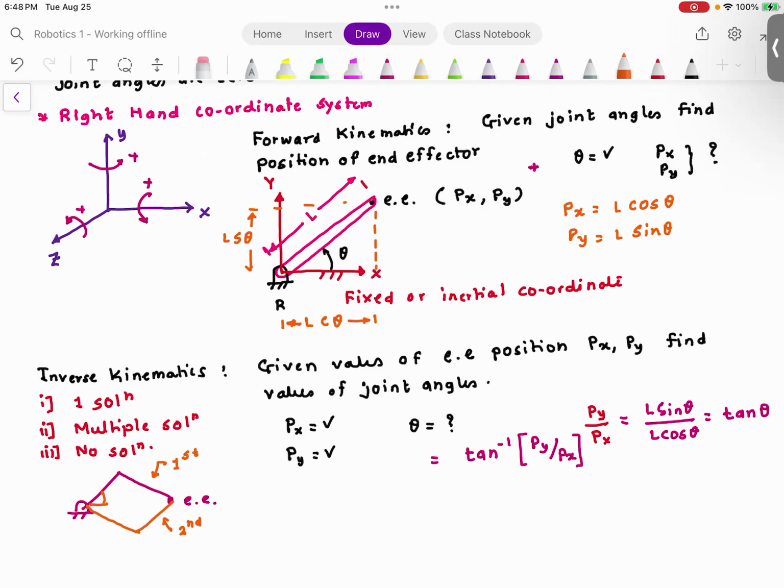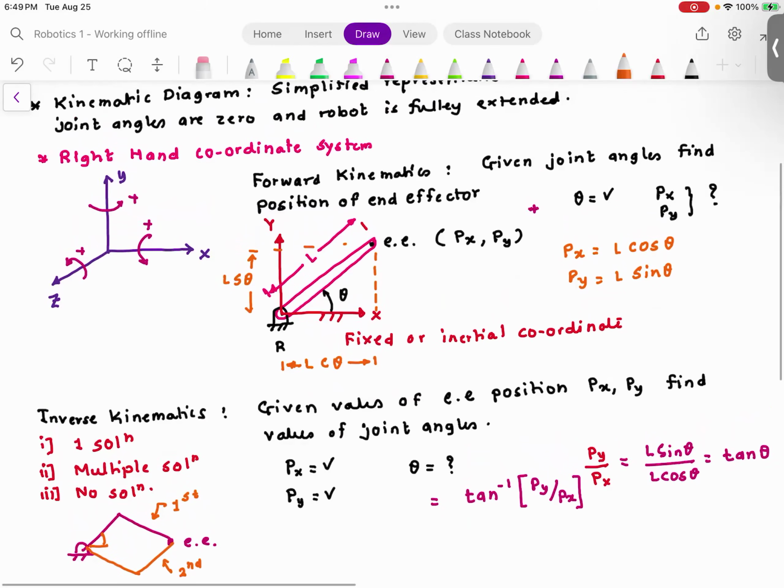Now, one thing I want to talk about is, we talked about this simple robot where the frame is fixed or the frame is inertial. Inertial means lazy. Inertial means non-moving. But it is quite possible to have one more frame which is attached onto this link.